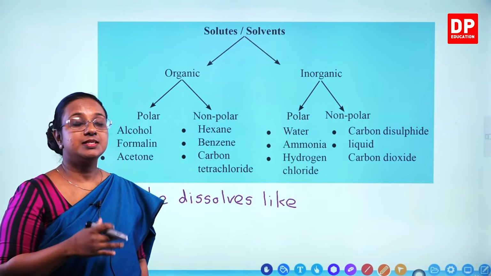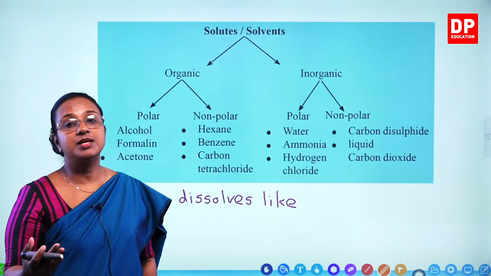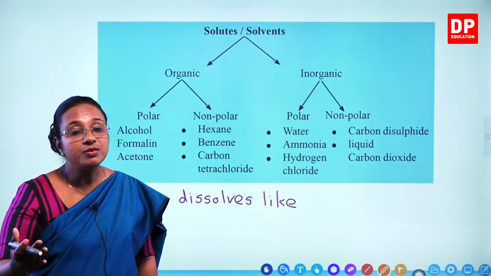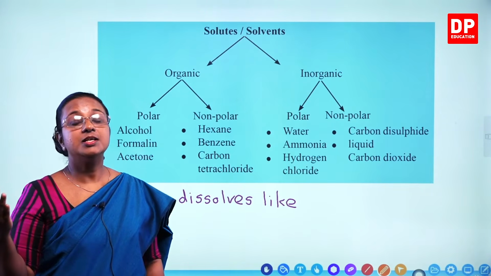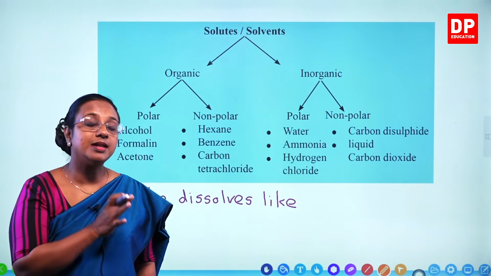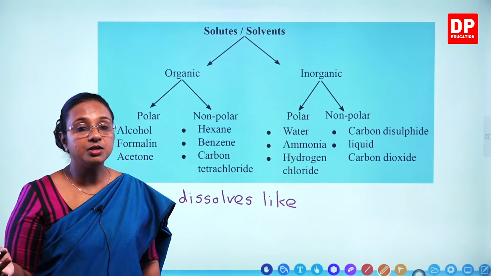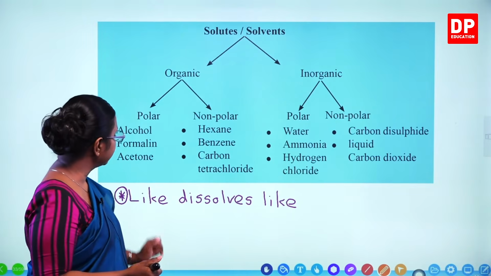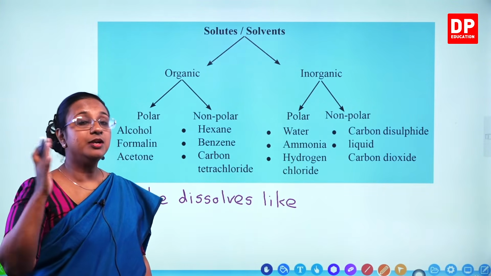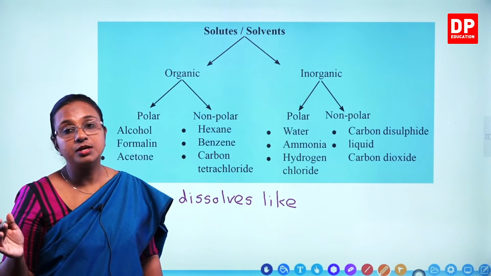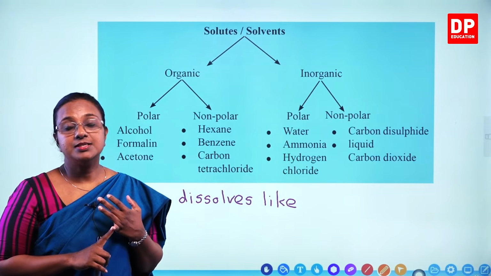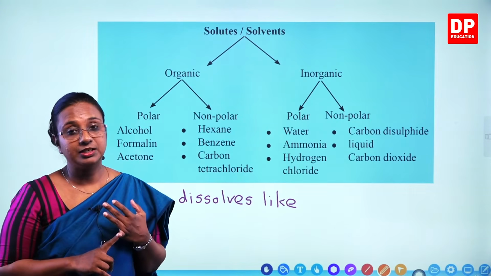Polar substances dissolve in polar substances. Non-polar solutes dissolve well in non-polar solvents. So you have to remember what are polar and what are non-polar. So when we say like dissolves like, polar dissolves in polar, non-polar dissolves in non-polar. So water is a very good example of a polar solvent.